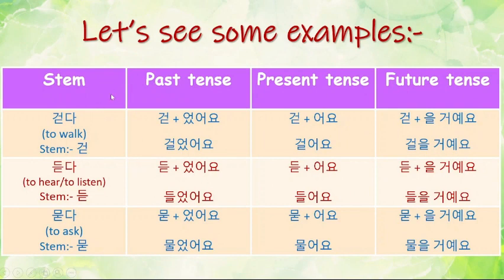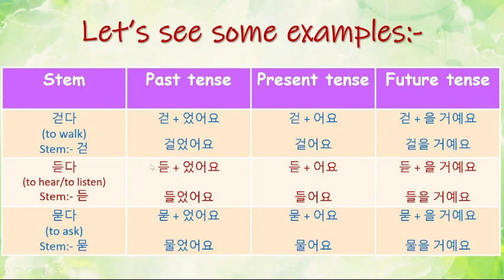I have conjugated these few verbs in the past, present and future tense in the informal form of conjugation. First one is the verb khotta, which means to walk. Here the stem ends in tigit. Now you can notice that whenever a vowel is coming to attach to the stem, the tigit gets replaced with lir.